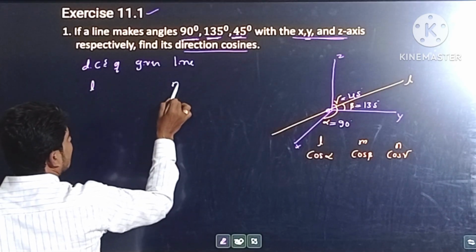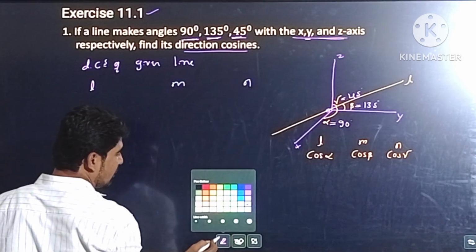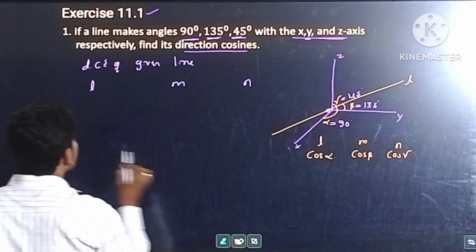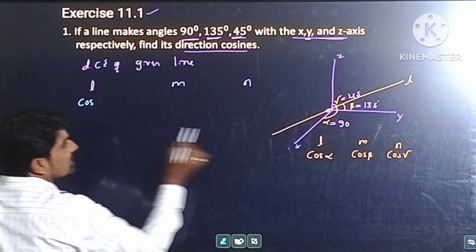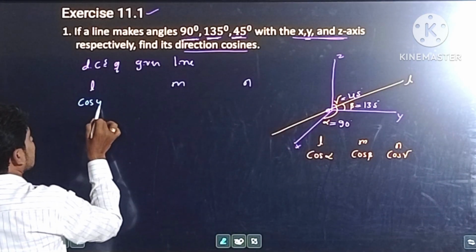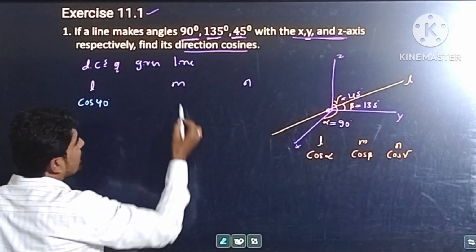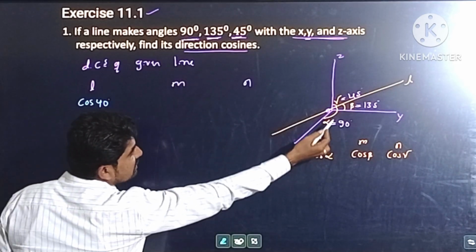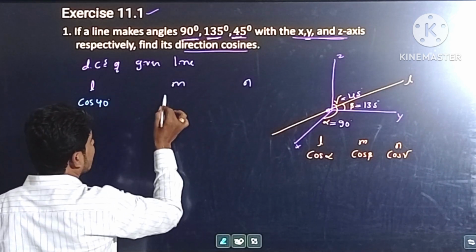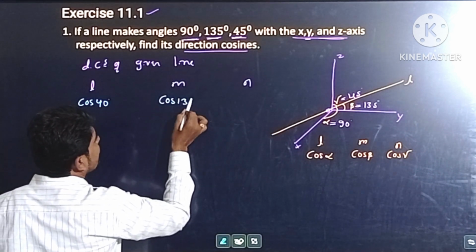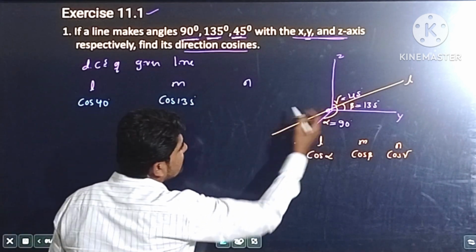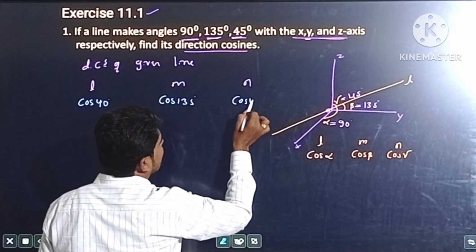And the value of l is cos alpha, where alpha is 90 degree, so cos 90 degree. The value of m is cos 135 degree, and the value of n is cos 45 degree.